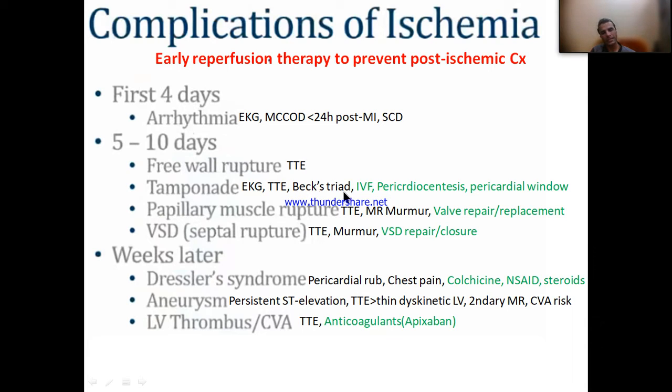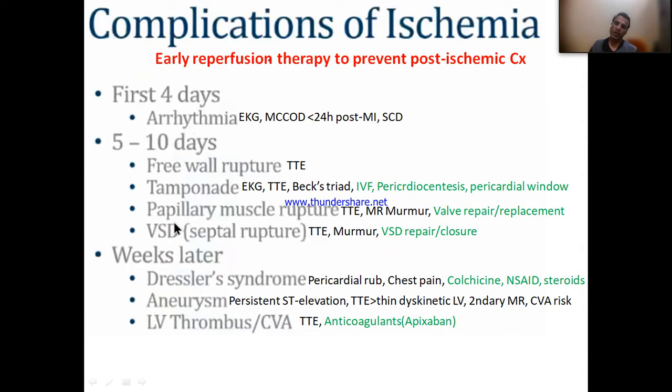That triad is hypotension, distant heart sounds, and the third one is jugular venous distension. Okay, you will give intravenous fluid because the patient is hypotensive and hemodynamically unstable, so you have to give the fluid in order to stabilize that patient, and then you will perform the pericardiocentesis, and you will also create a pericardial window.